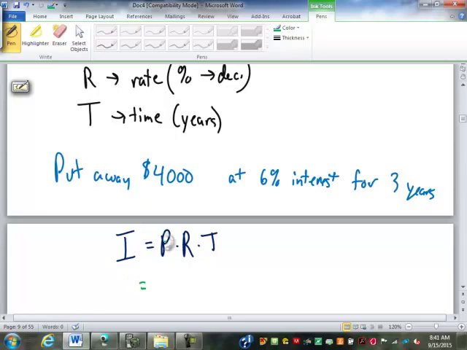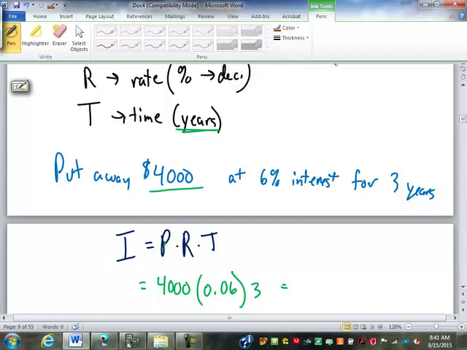Do we know the principal in this problem? Yes. 4,000. Do we know the rate? 6%, but we have to write it as a decimal, so it would be 0.06. Time? 3 years, and we want our time in years, so we can just leave that as a 3.